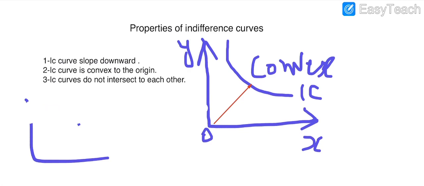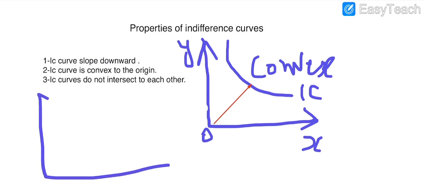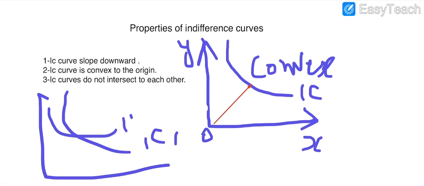If you have indifference curves like this, IC1 and this is IC2, this is not wrong, because IC1 shows one separate level of satisfaction and IC2 shows another separate level of satisfaction.